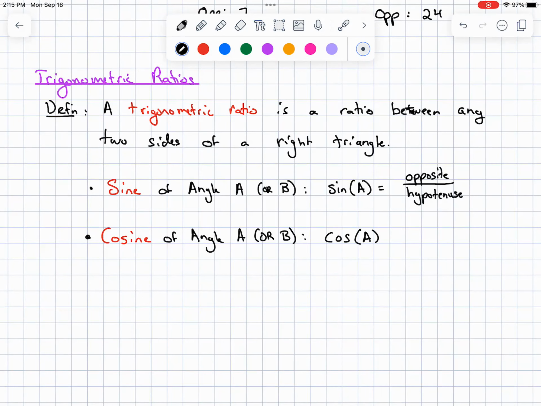And that's going to be adjacent over hypotenuse. And the last main trig ratio is the tangent of angle A or B, depending on the situation.